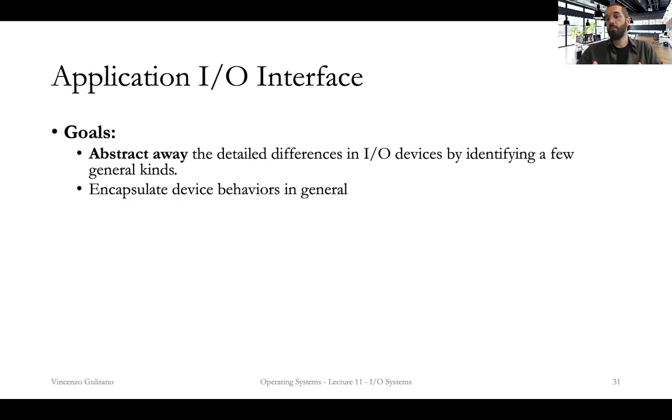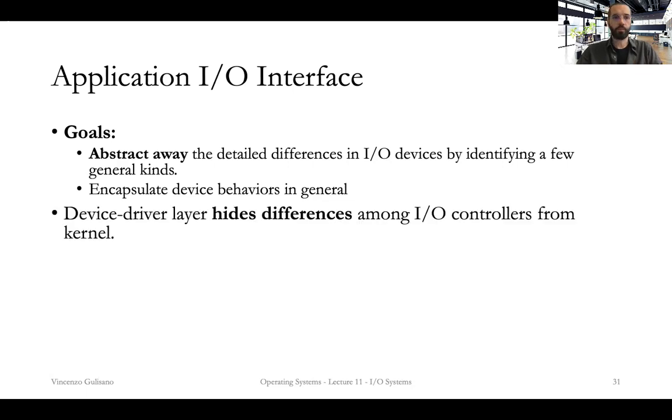As you can imagine, the reason why you want to do this is that you cannot maintain an operating system in which you have dedicated code that is specific to interact with specific types of disks or specific keyboards and so on. You need to decouple a bit the abstraction of a certain type of device from the actual implementation and the actual device you are going to use. And this is what you do by using drivers.